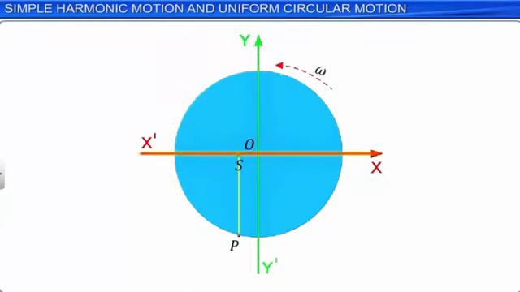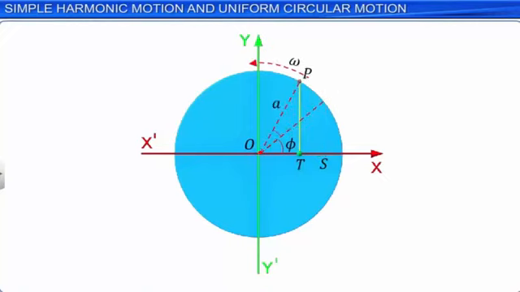At time t equal to 0, the revolving particle makes an angle phi with the x-axis. From this position, when it moves through an angle omega t in a time interval t, its projection moves from S to T along the x-axis.